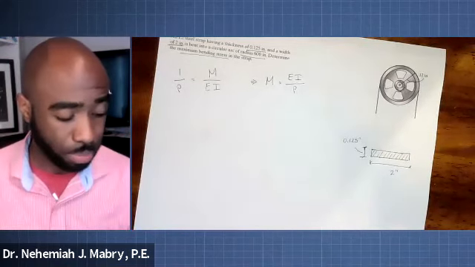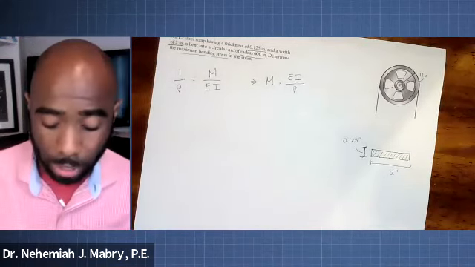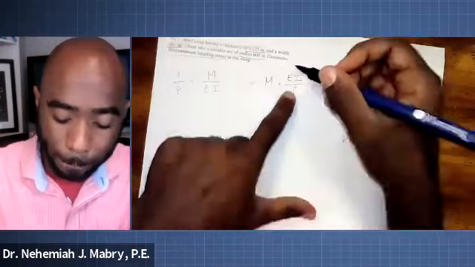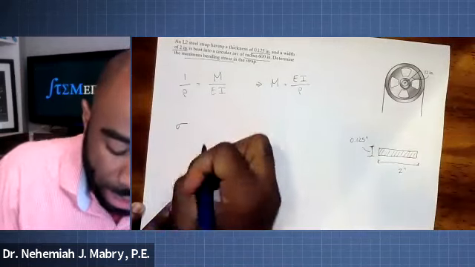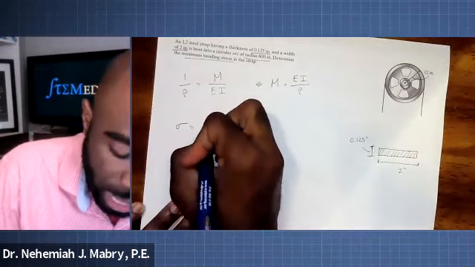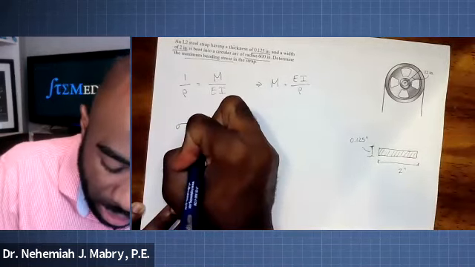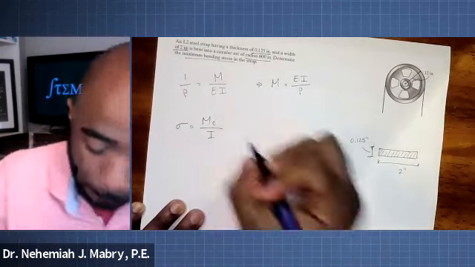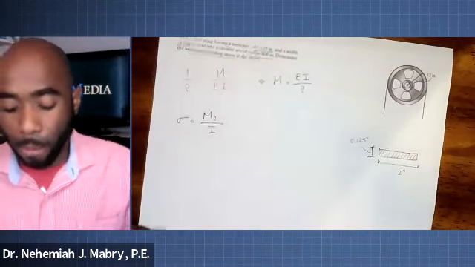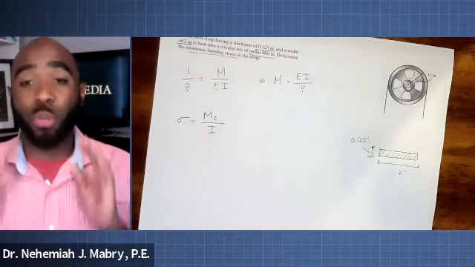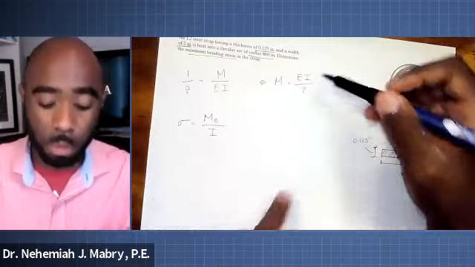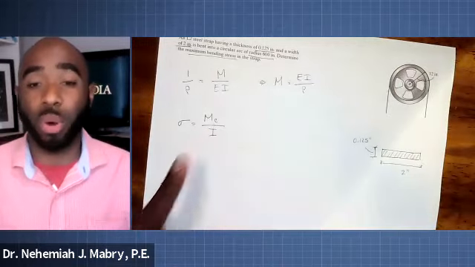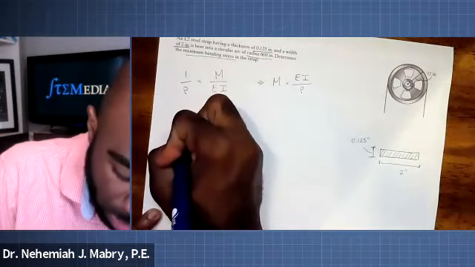What do we know about this? Well, we know that M is EI over rho, and the bending stress equation is actually MC over I. Because there's no way for us to determine the actual moment in this problem, we'll be wise to take this equation for a moment and then simply substitute it into our maximum bending stress equation.